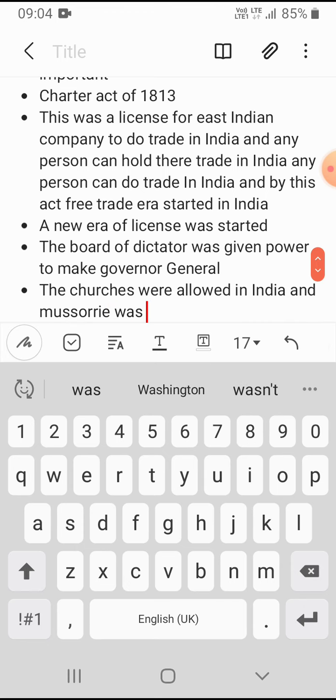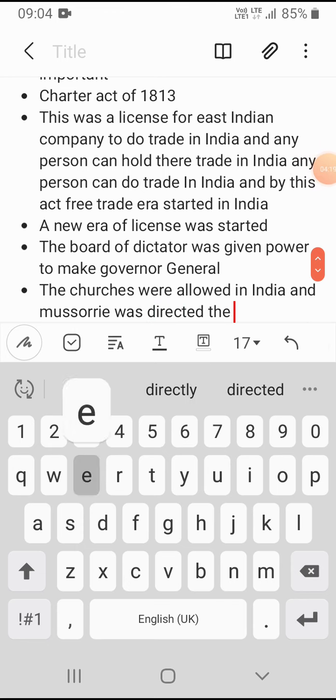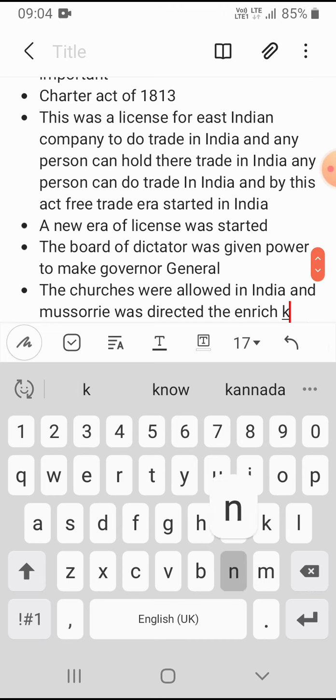Missionaries were directed to enrich the knowledge and culture of India.